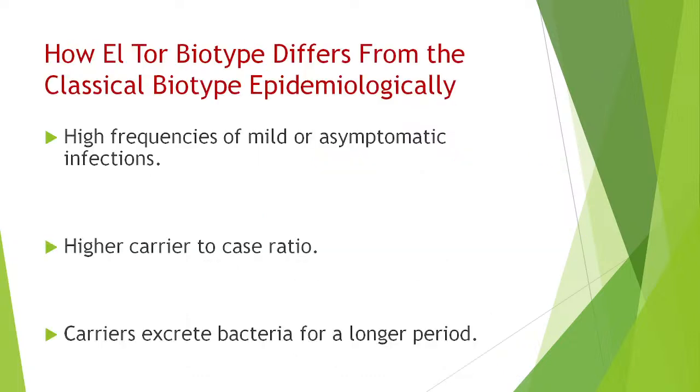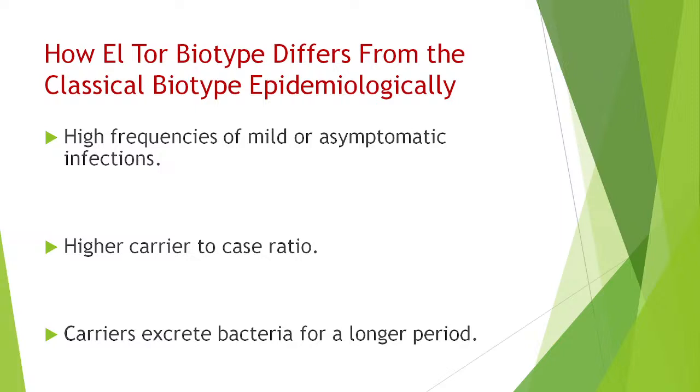So how does the El Tor biotype differ from the classical biotype? El Tor biotype causes less severe infection, mild or asymptomatic infection. If the classical has a ratio of 10:1, then El Tor has 100:1. If 100 people are exposed to Vibrio cholerae, only one will have symptomatic disease. That is why it is able to persist in the environment for such a long time and goes undetected in communities.